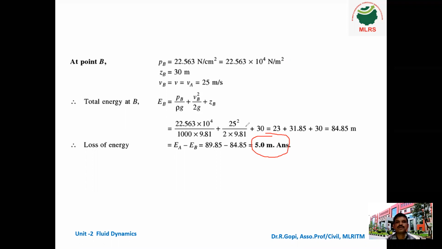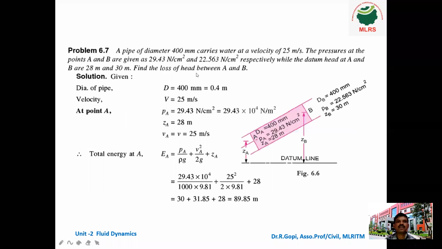Okay. So first understand the question. Whether they have given a real fluid, sometimes they may mention this is a real fluid, sometimes they may not mention. So understand the question. What are they asking? What is the loss of head? Find the loss of head between the 2 points. Loss of head will come only in a real fluid.